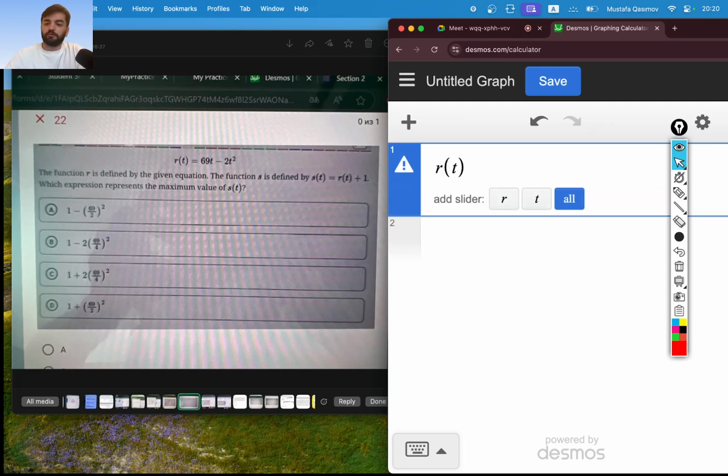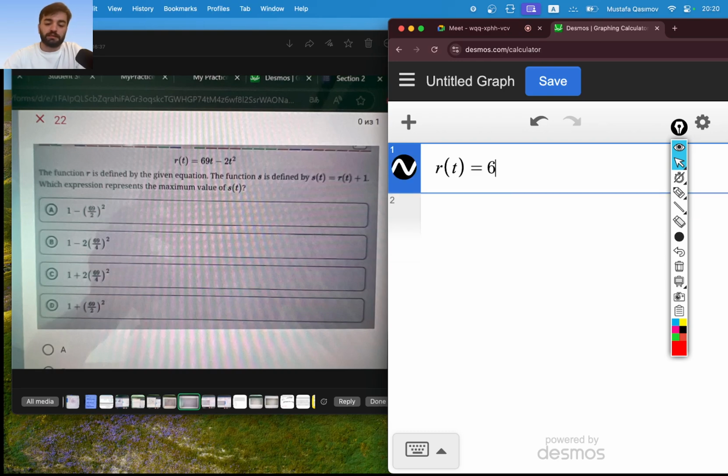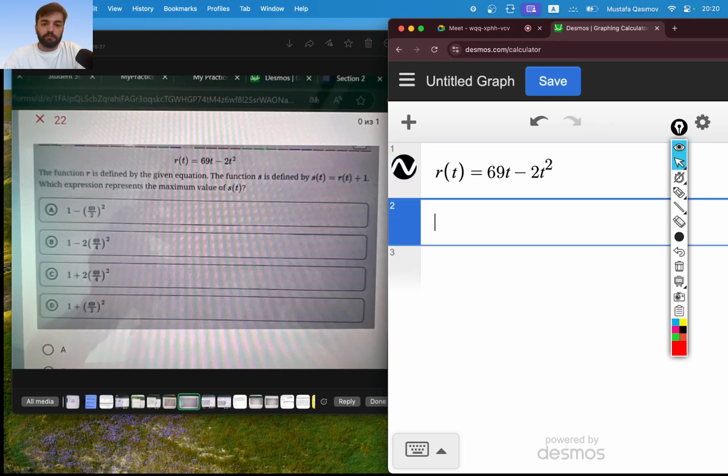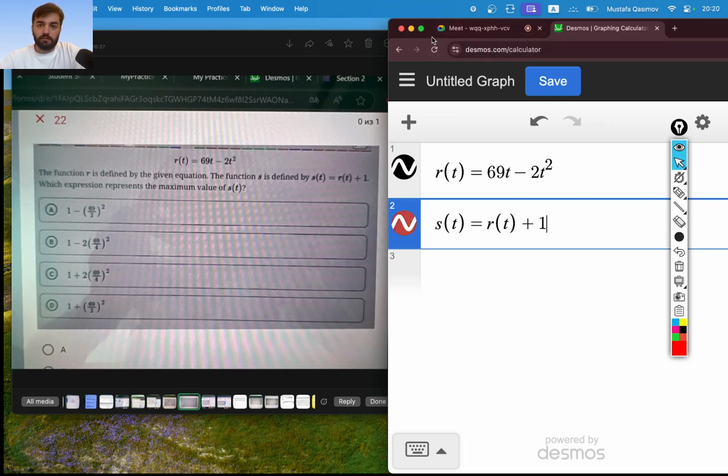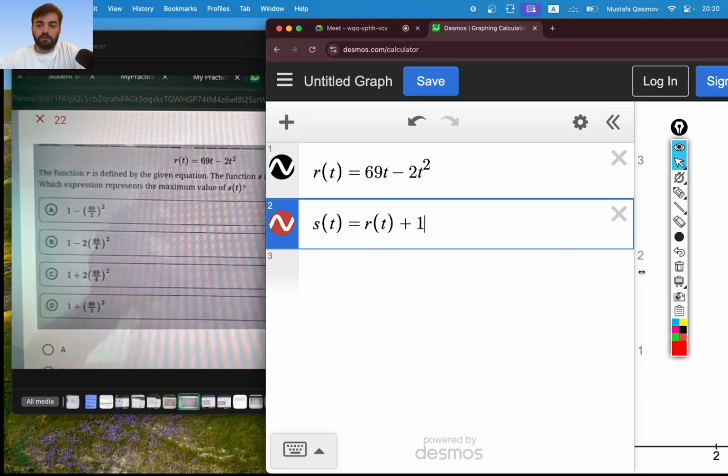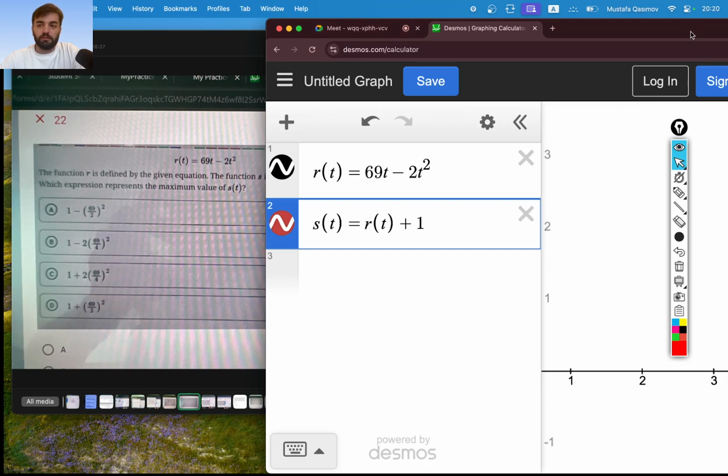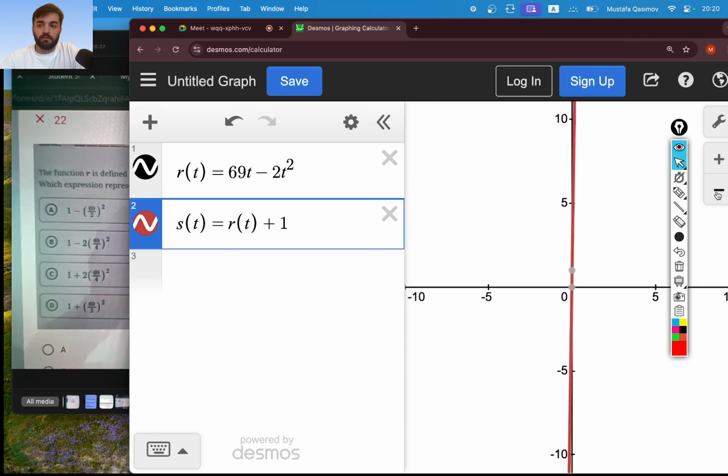RT is equal to 6090 minus 2t squared. Then let's look at the maximum value.